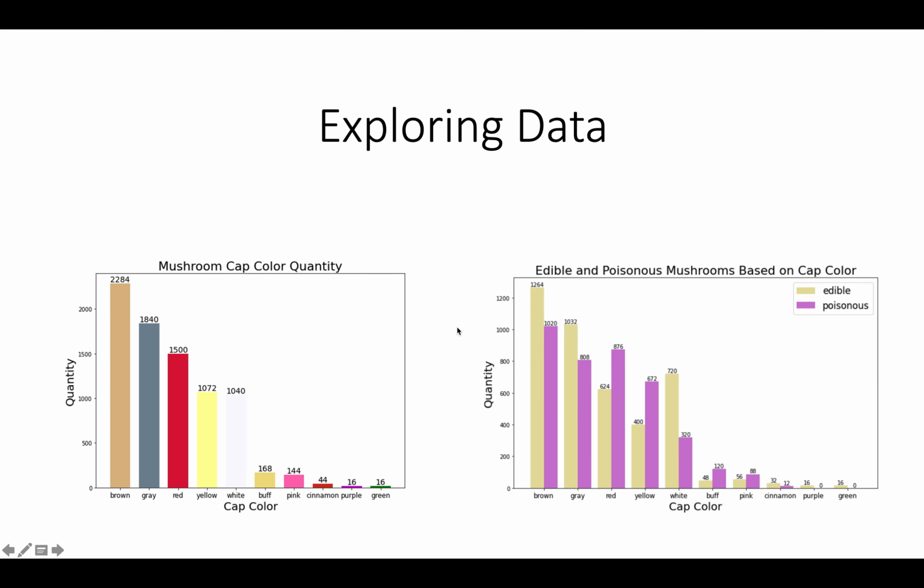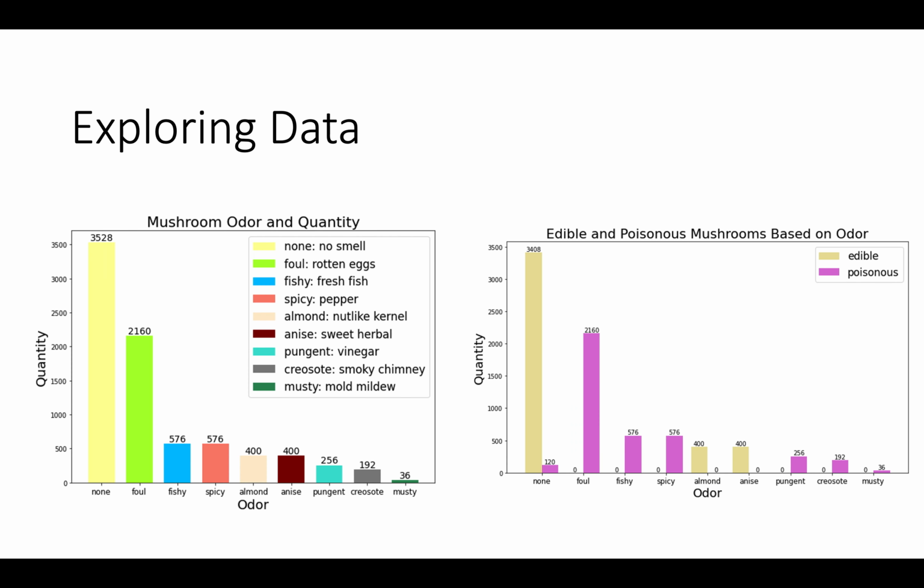Brown and gray mushrooms have a higher chance of being edible, but red and yellow cap colored mushrooms have a higher chance of being poisonous.